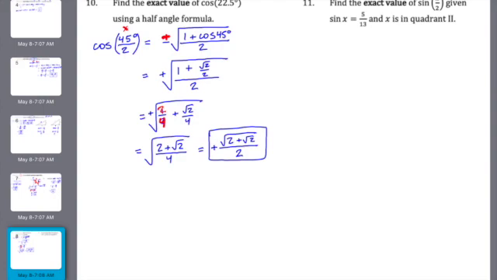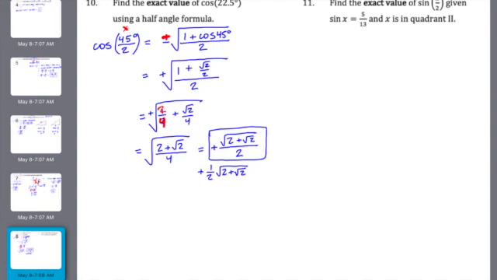Now, I know if you look at the key that's posted in Canvas, if you have that, it's going to look like this, positive 1/2, and then times the square root of 2 plus root 2. Same thing. So it doesn't matter to me how you write it. They are equal.